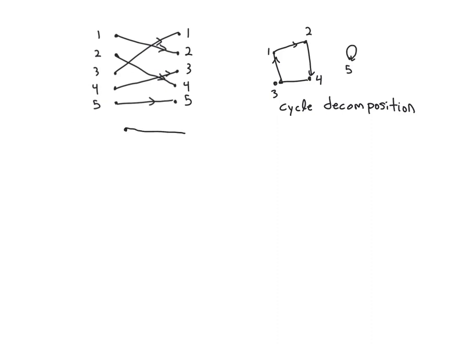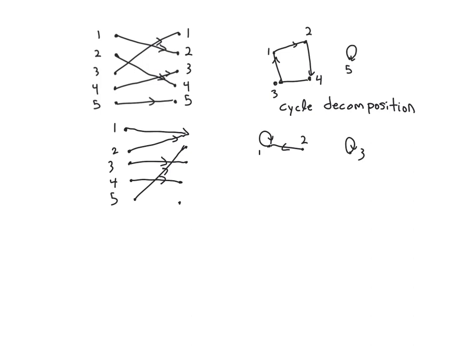Now, to point out that you must have a bijection, it's worth pointing out what happens when you're not so lucky. So suppose instead this is our function, which is clearly not a bijection anymore. Well then 1 goes to 1, but 2 also goes to 1. 3 goes to 3, 4 goes to 4, and 5 goes to 2.